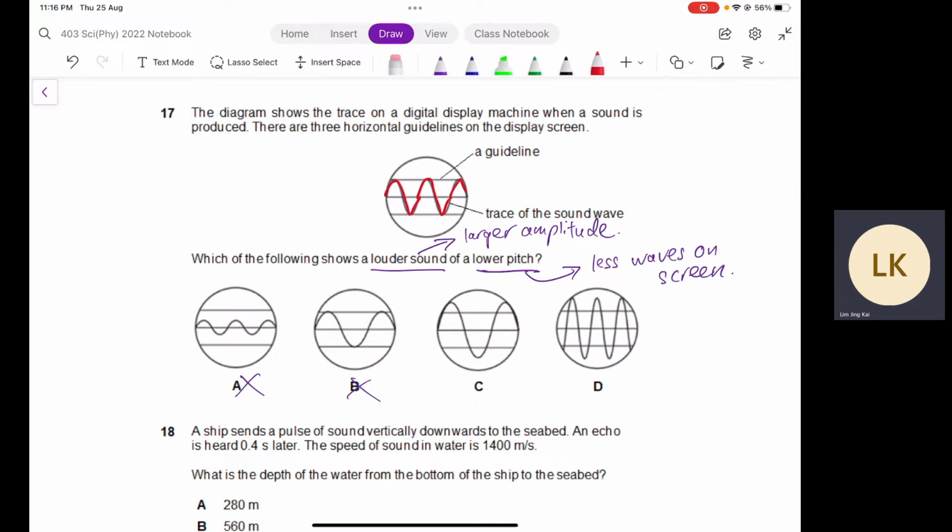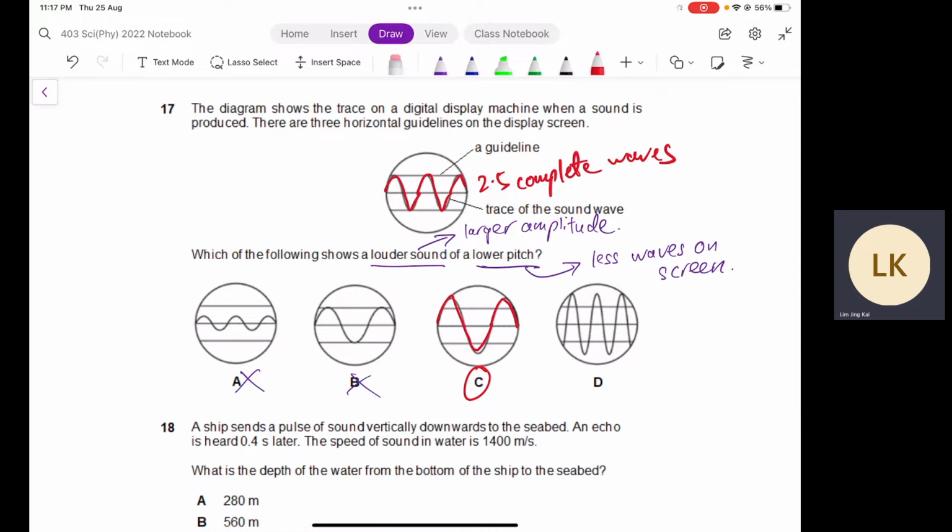So I must have fewer waves than 2.5 complete waves. If you compare carefully, C will actually be our answer, because C has 1 and a half complete waves, compared to D, which has more. So the answer is actually C.